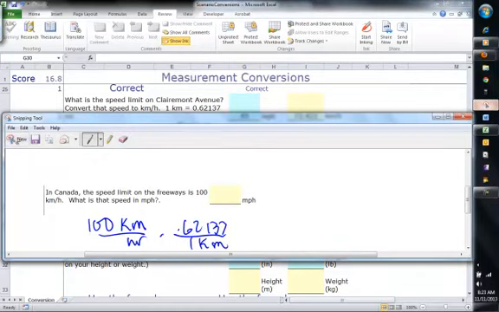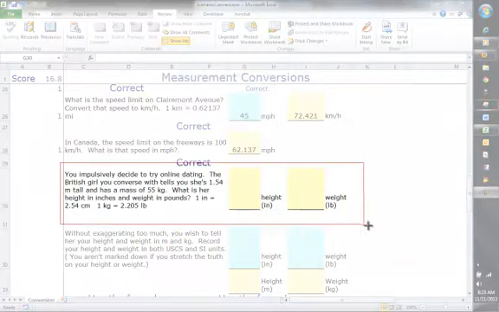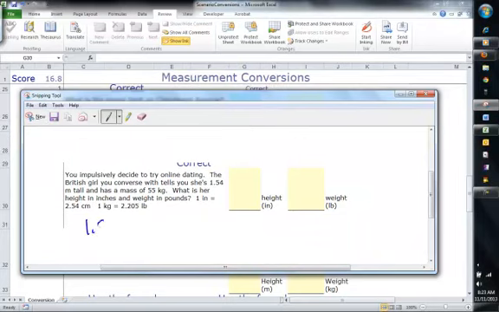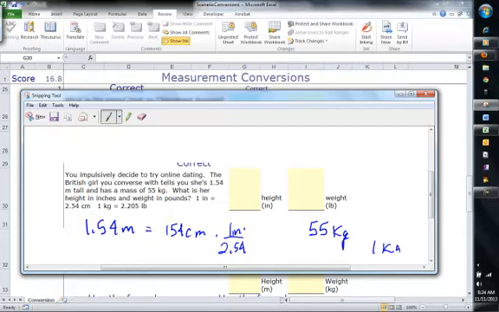So, 1.54 meters, which is 154 centimeters, times 1 inch is 2.54 centimeters. So we're going to take 154 divided by 2.54, and then her mass in pounds, 55 kilograms. 1 kilogram is 2.205 pounds.